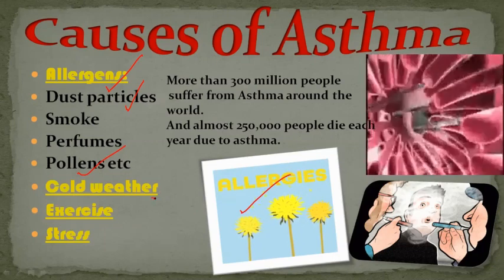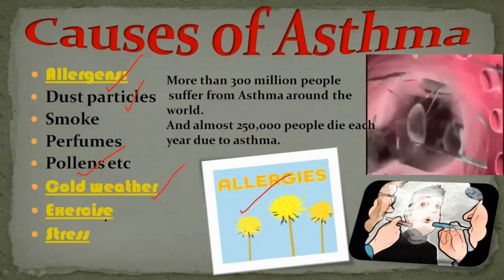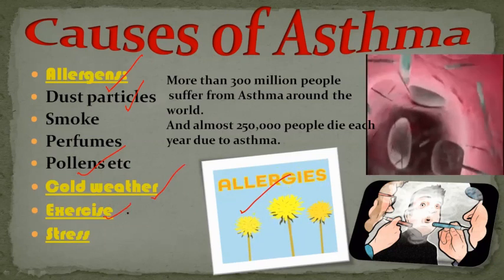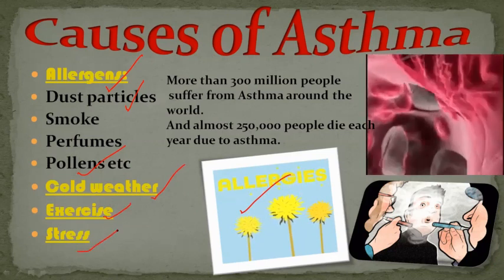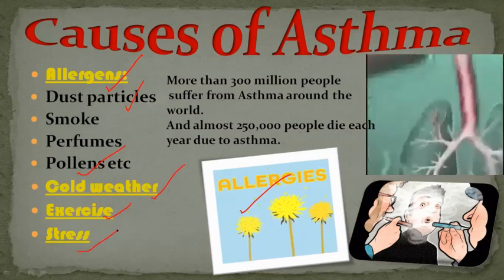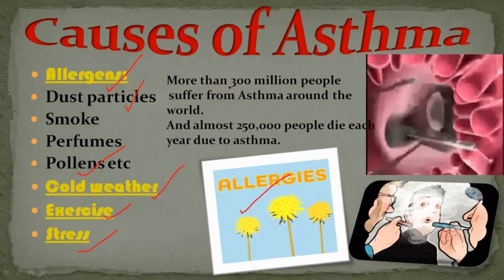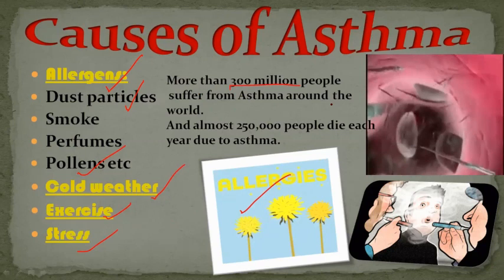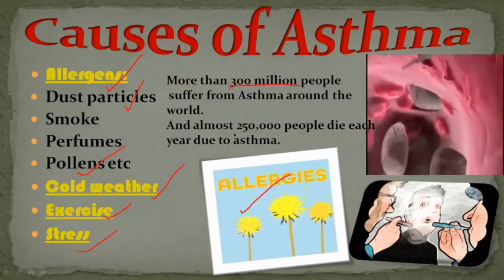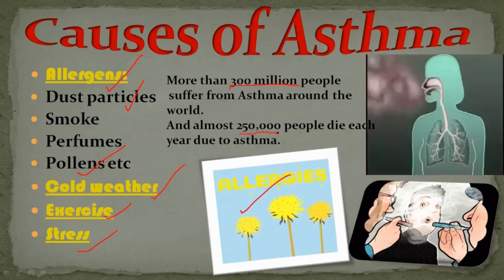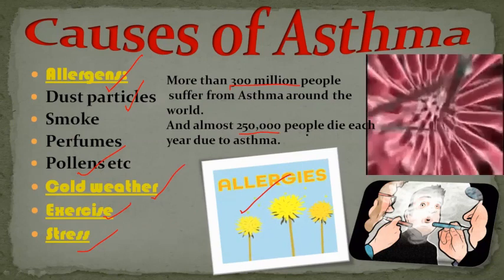Sometimes we have this problem in cold weather, with exercise as well, and with lots of stress we can feel this type of problem. More than 300 million people suffer from asthma around the world, but almost 250,000 people die each year due to this problem.